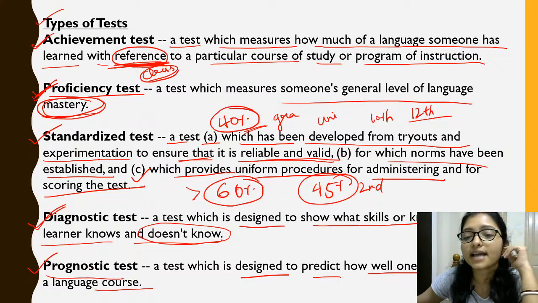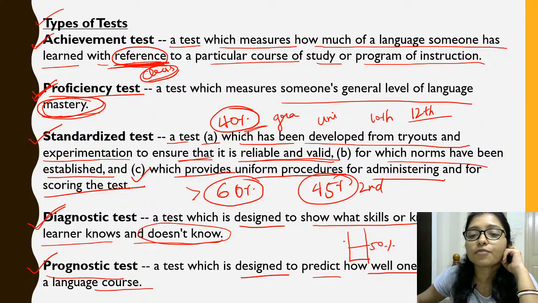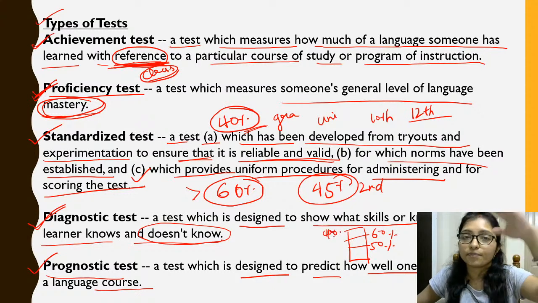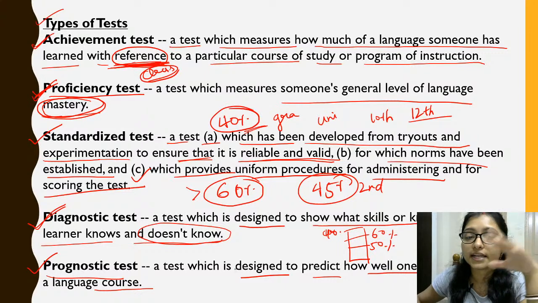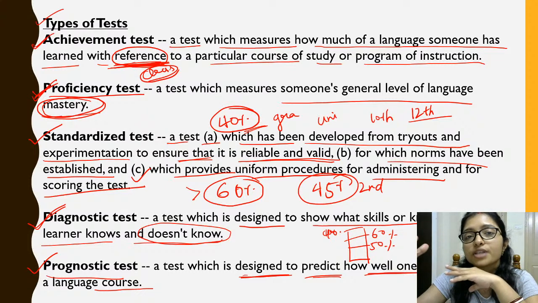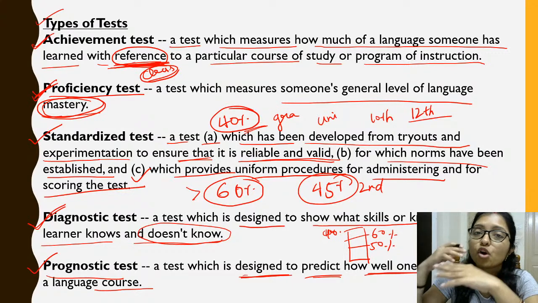You are learning for 1 year, now they will judge your performance level is 50% or 60% or 90%, right? That is the level they are judging, the test designed to predict how well, कितना अच्छा हो, तुम कितना अच्छा हो सब्जेक्ट में, that is the prognostic test.